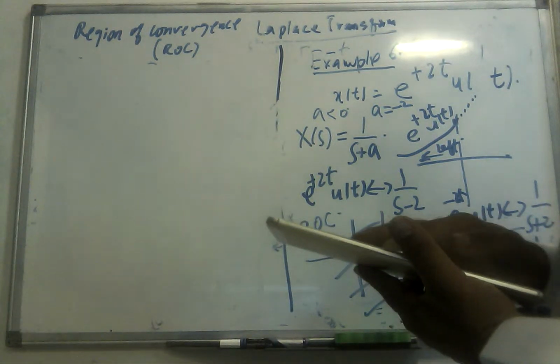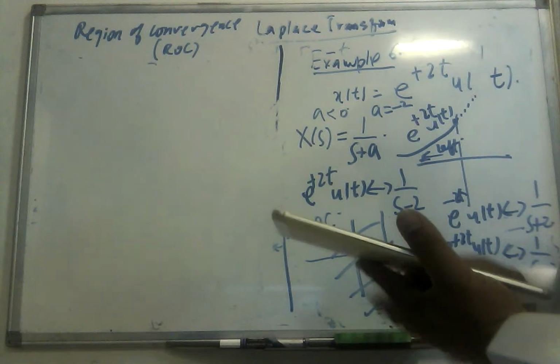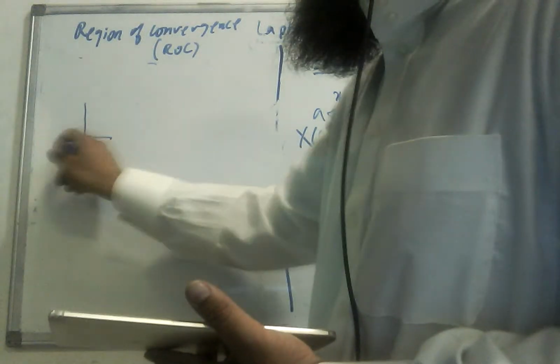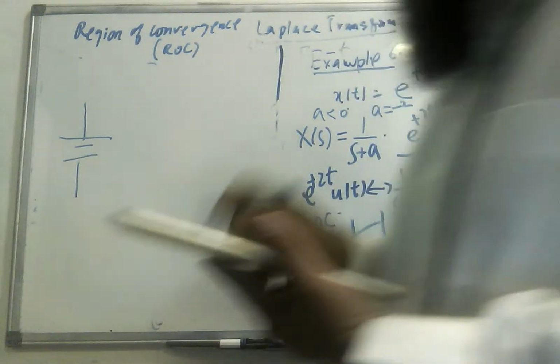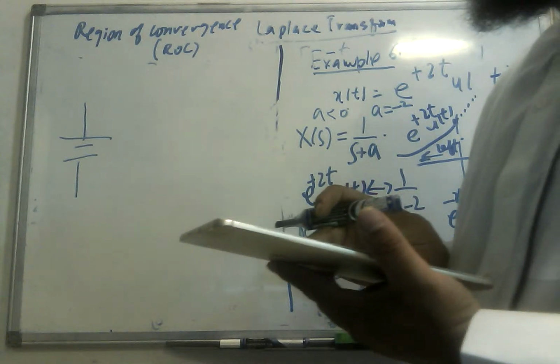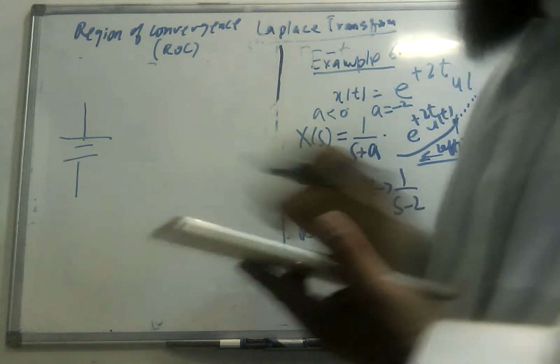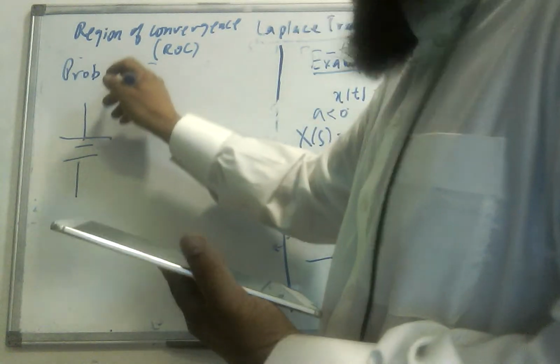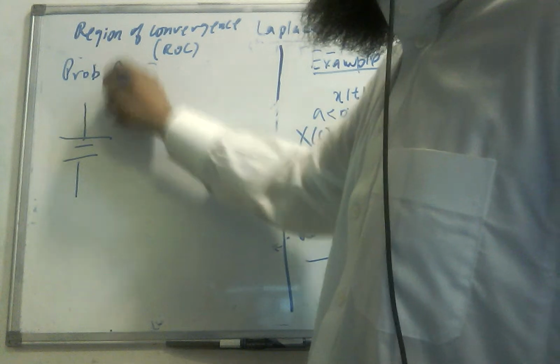So if there is a simple circuit like this, for example, I have a battery. By the way, if you look at the problem set, it is problem 9 on problem set number 7.